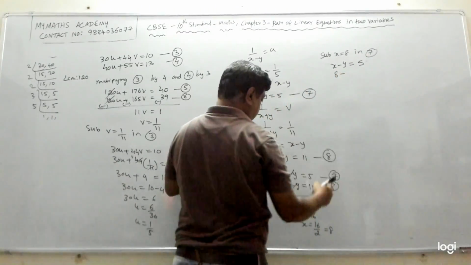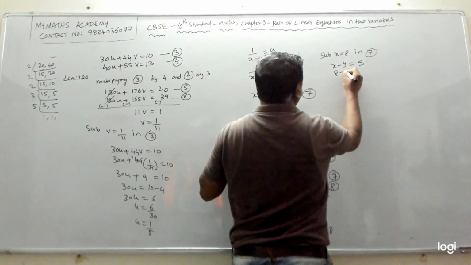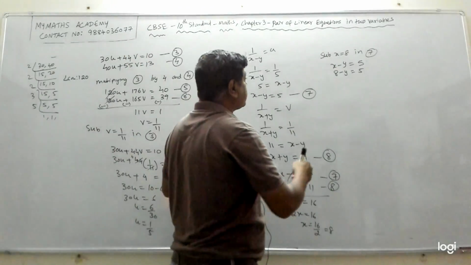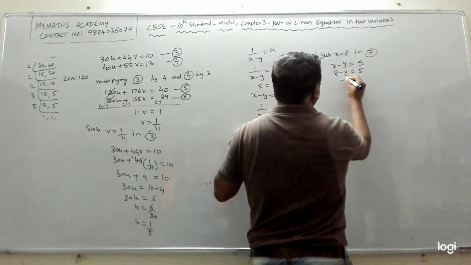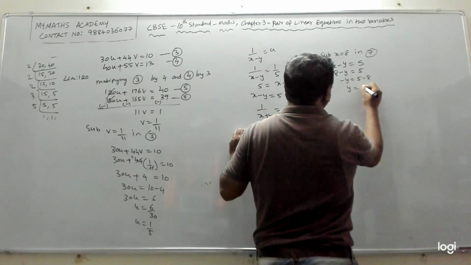So x is 8, plus y equal to 5. I am trying to rush because it will exceed my limit. So y is 5 minus 8. You will get y as minus 3.